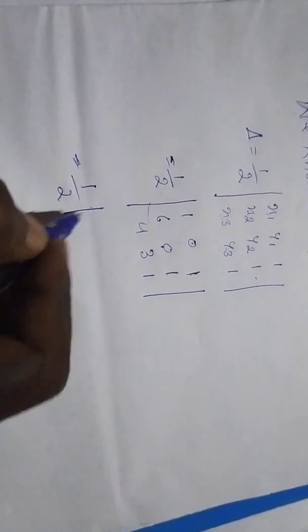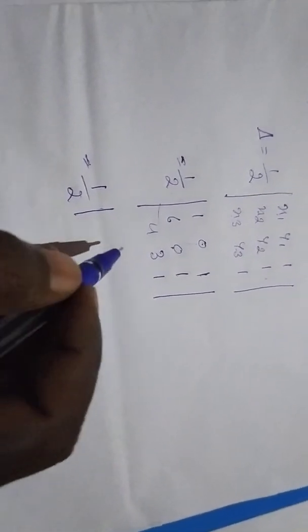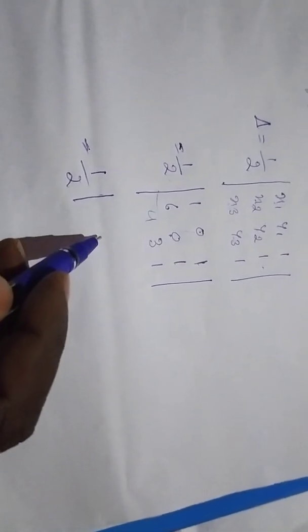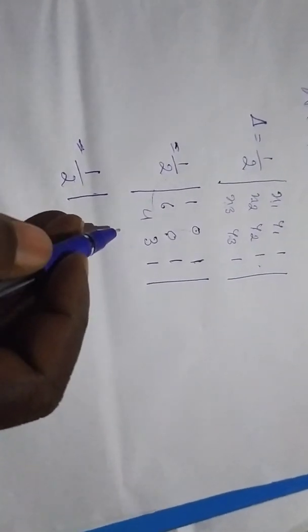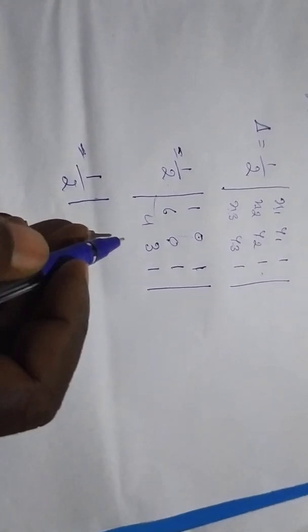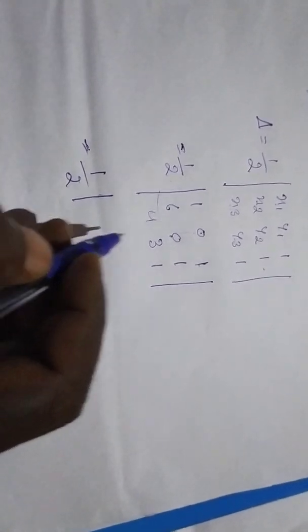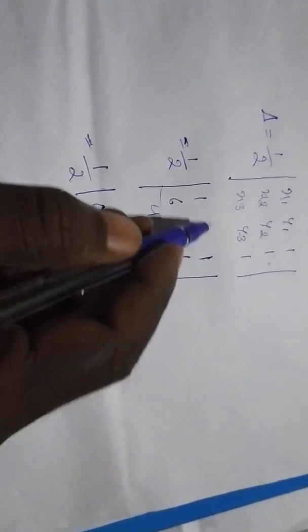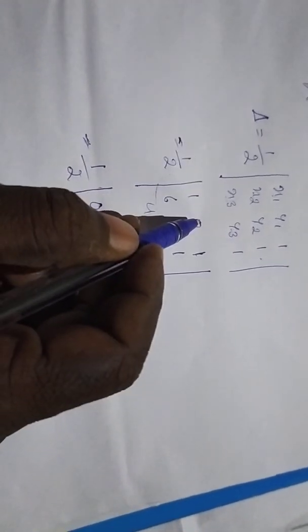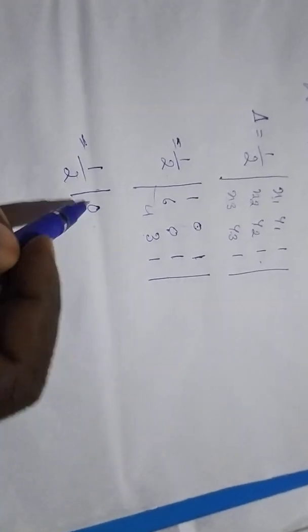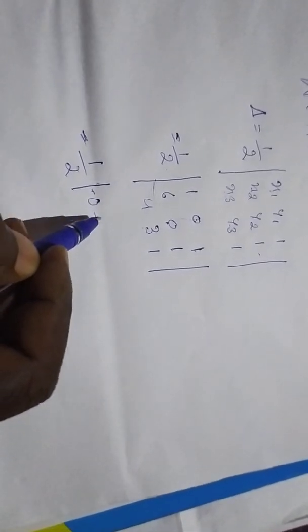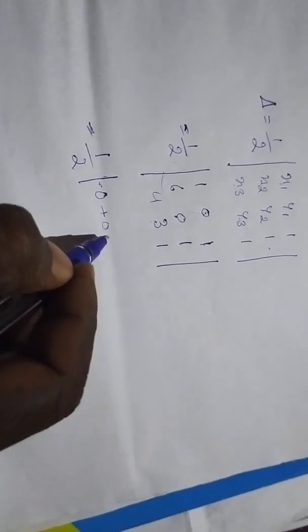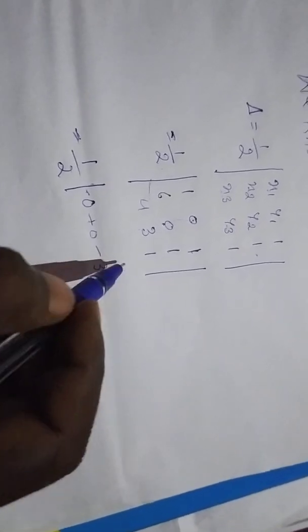Please remember, always write mod while calculating the area of the triangle, because according to note 1, the value of the area is always positive, always absolute. Here 0, so minus plus minus: 0 plus 0 minus 3 into the bracket.